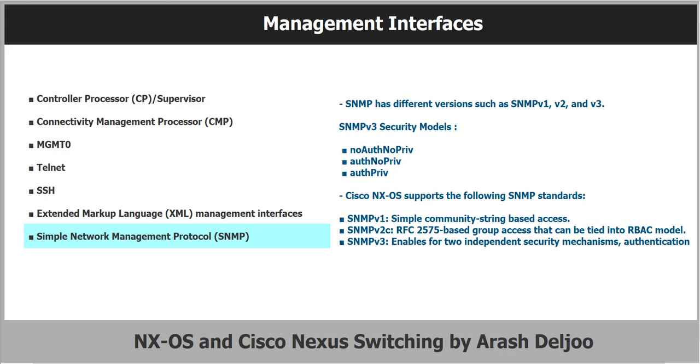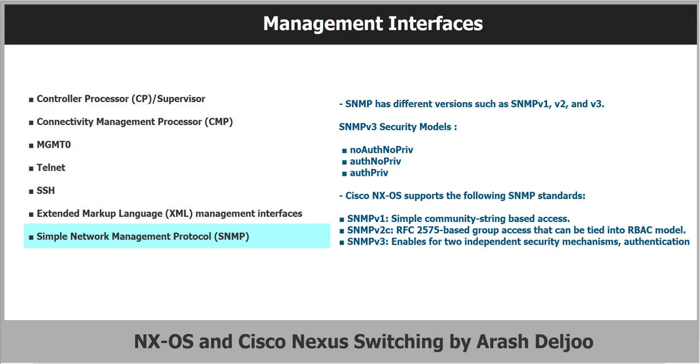SNMP has different versions such as SNMP version 1, version 2, and version 3. Each SNMP version has different security models or levels. Most enterprise customers are looking to implement SNMP version 3 because it offers encryption to pass management information or traffic across the network.